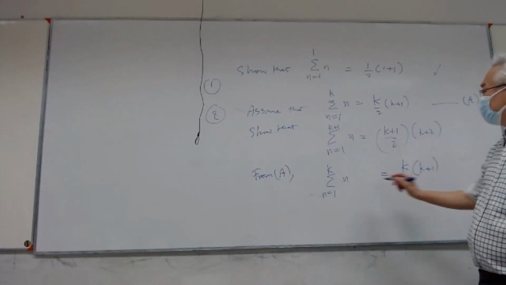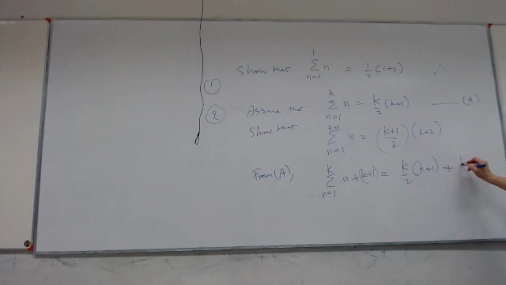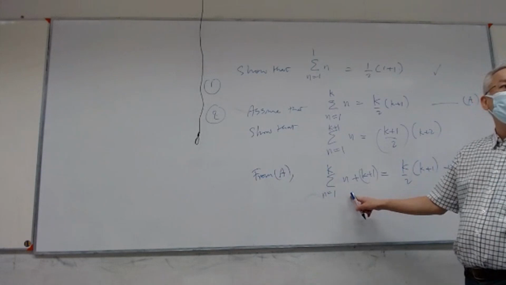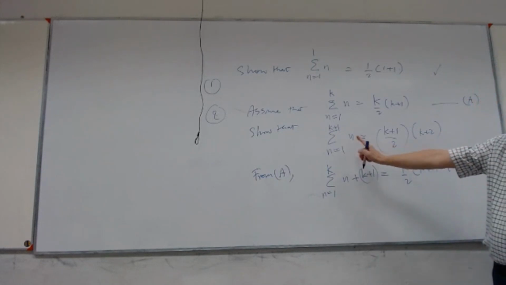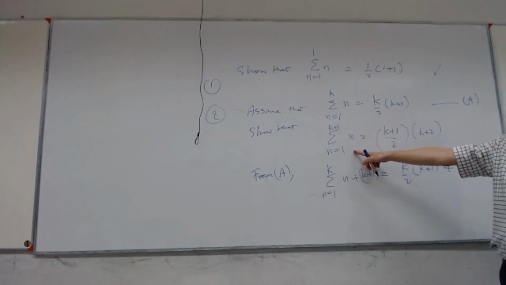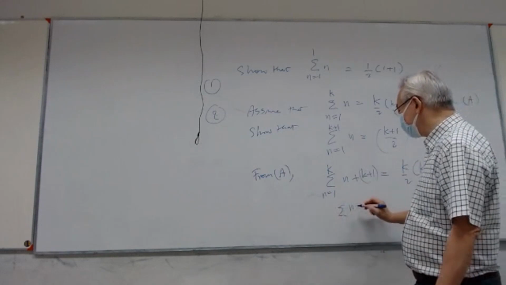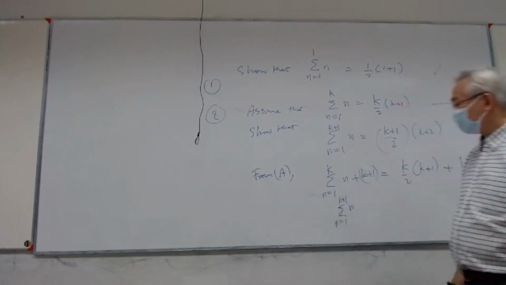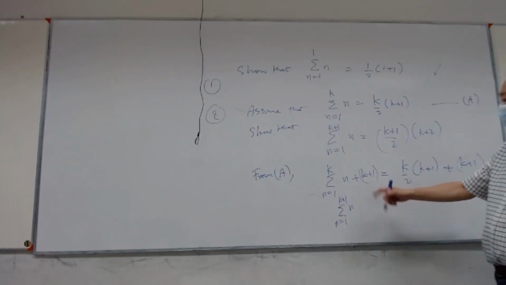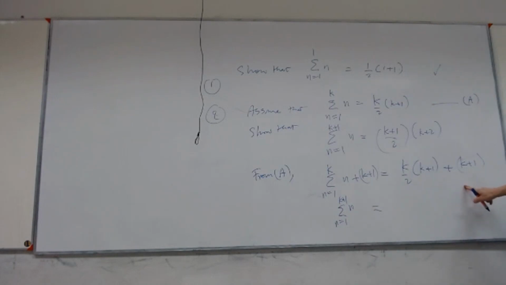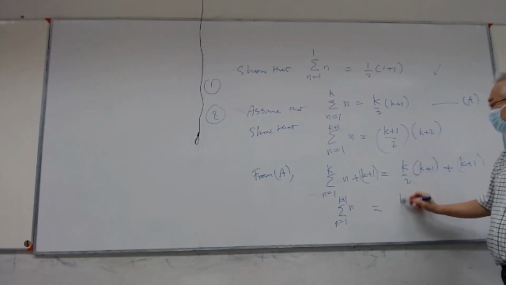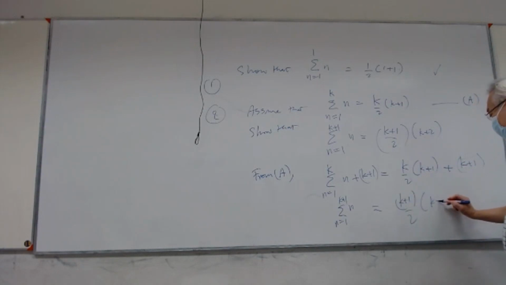Then we add k plus 1 on both sides. The left-hand side becomes the left-hand side of the statement we want to prove, the summation of n from 1 to k plus 1. On the right-hand side, after a straightforward algebraic manipulation, you will see that it gives k plus 1 over 2 times k plus 2. So that is it. This is what we want.